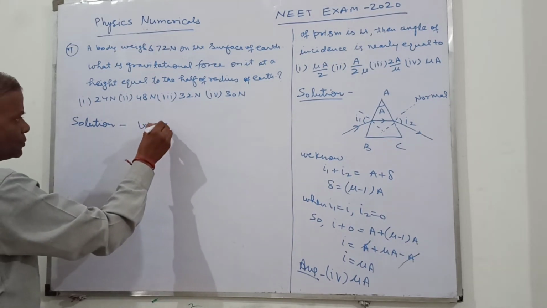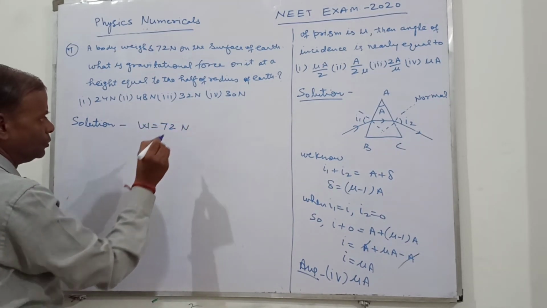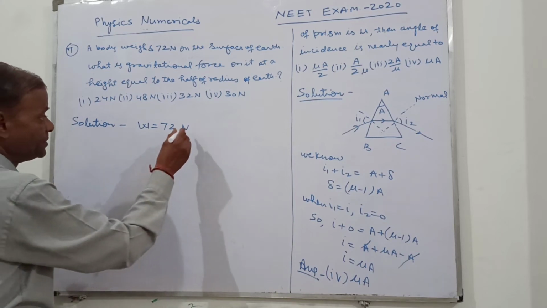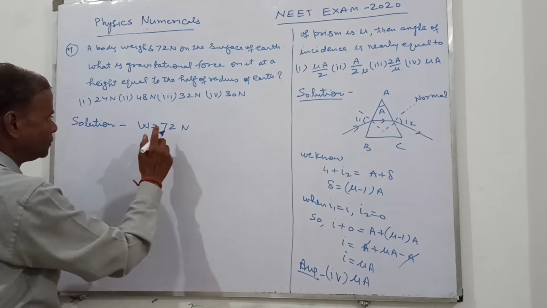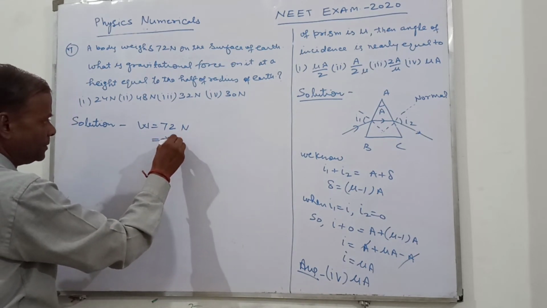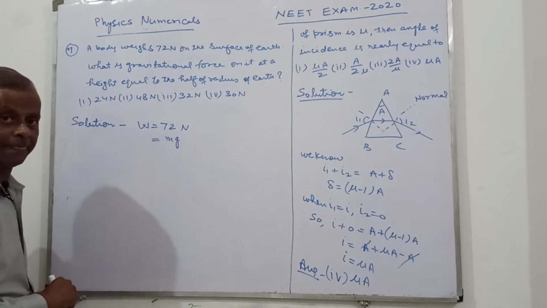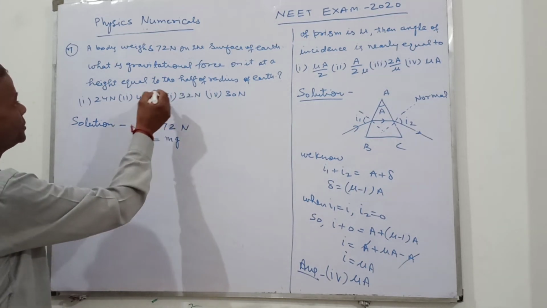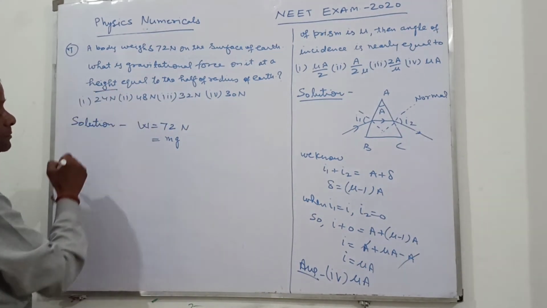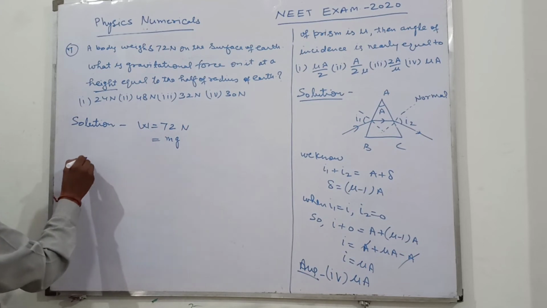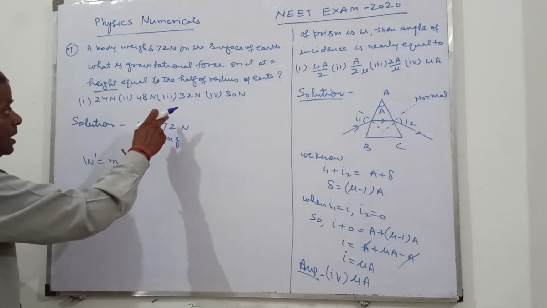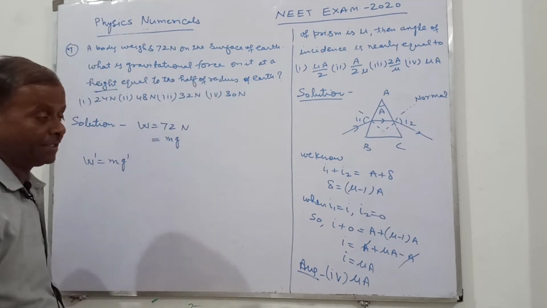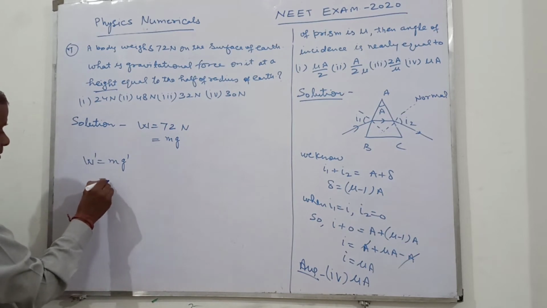W equal to 72 Newton, and this is equal to mg on the surface. At a height, this is given, so W dash equal to mg dash. Let's suppose the height is r by 2, half of the radius of earth.